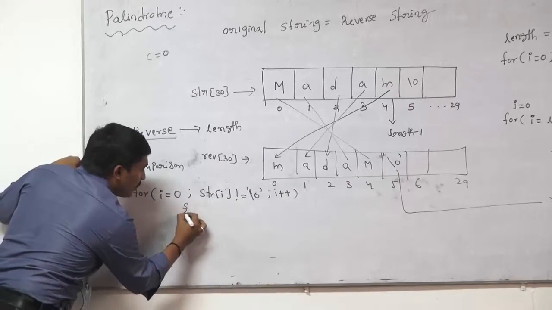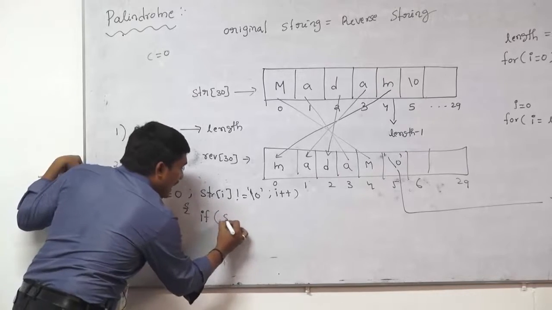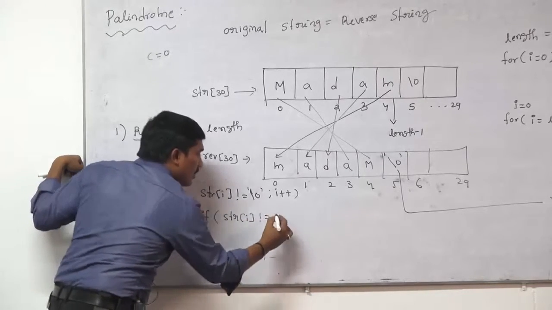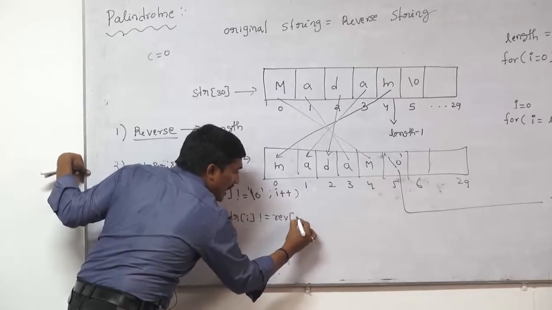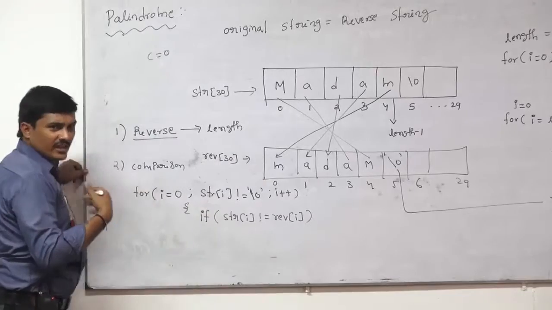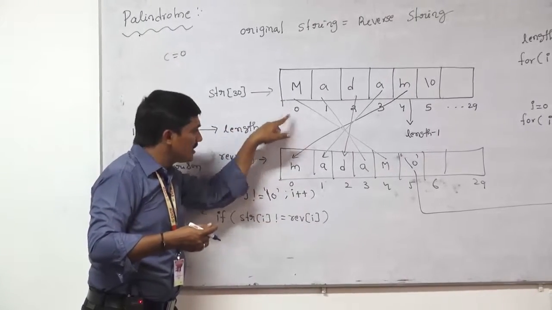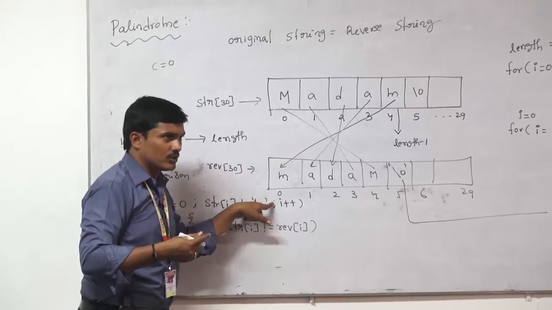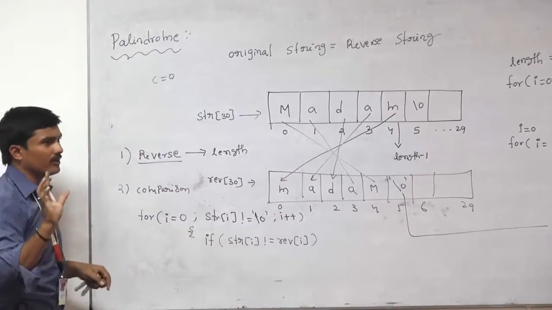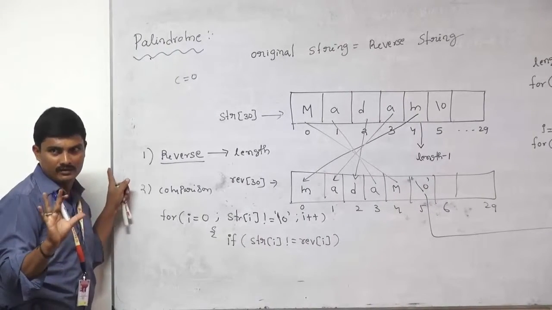Within that, if str of i is not equal to rev of i. No need of j, because both the numbering is the same. 0 is compared with 0, so no need to use two variables. If you want, you can use it. That depends upon you. This is one of the ways, not the one and only way.